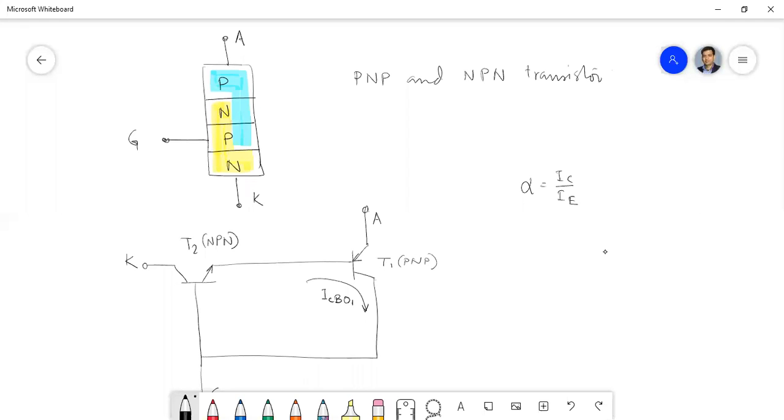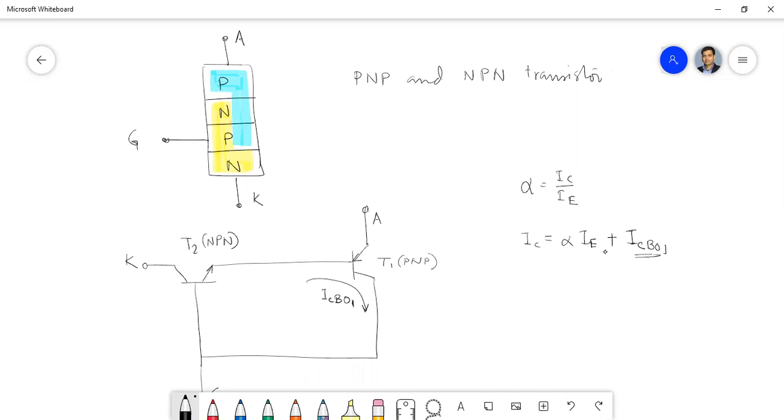Therefore, instead of writing IC equals alpha IE, we also have to add this value, ICB01. It is the reverse saturation current, or the minority current, due to the thermally generated carriers.